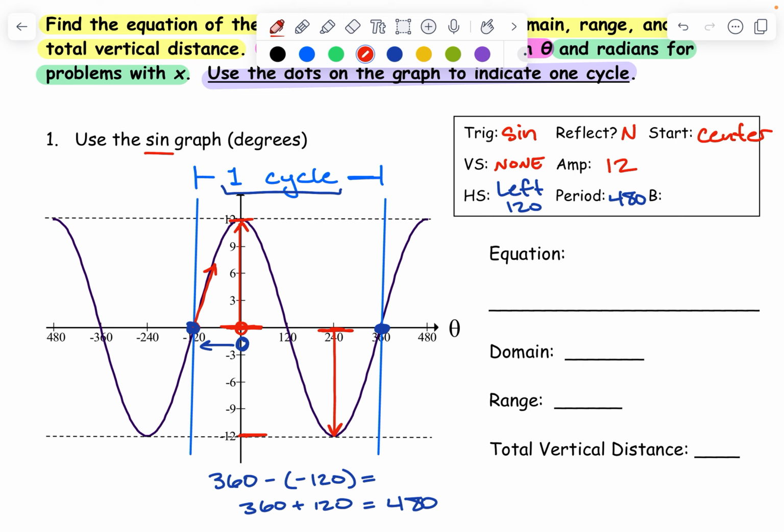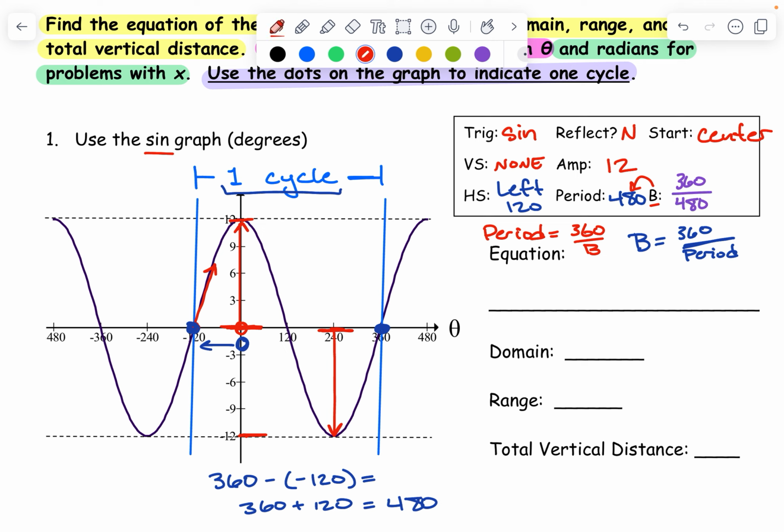Now, the b value, a very important part of our equation, is what determines the period. If you remember, we do period equals 360 over b. Well, this can be rearranged. B equals 360 over the period. Since we know our period and we know it's in degrees, it's 360 over 480.